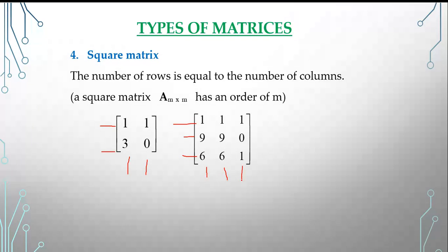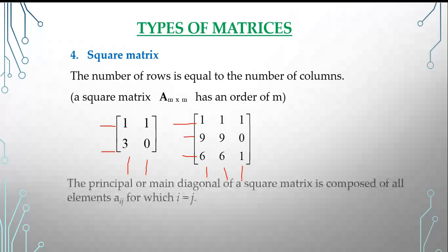So 3 columns are there, 3 rows are there. So this type of matrix is called the square matrix. Clear? And the main diagonal of a square matrix is all the elements a_ij for which i equals j. Means here we have any element may be there in our diagonal elements: 0, 1, 2, 3, anyone.